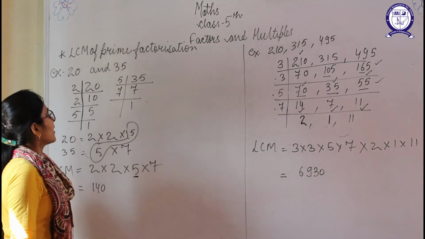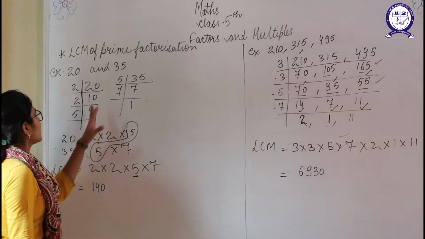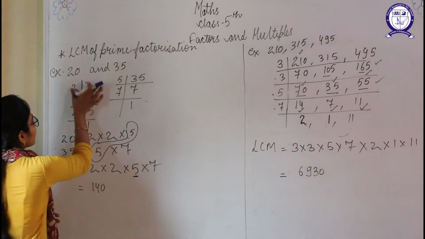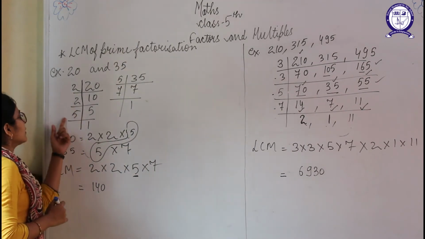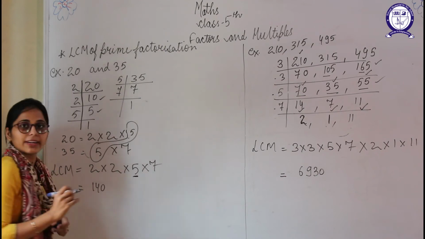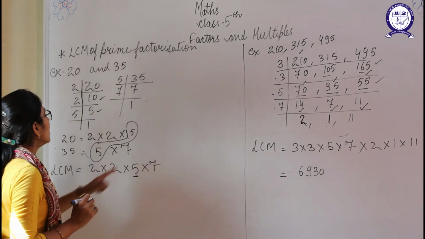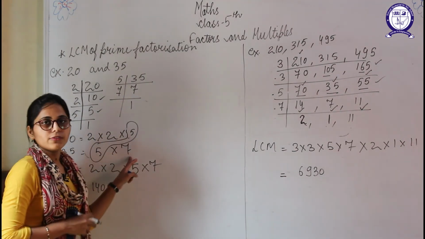Now students, about LCM. The 2 methods to find out the LCM are prime factorization and dividing at a time. So to find out the LCM of 20 and 35, you will just prime factorize 20 and 35 separately. While dividing 20 by 2, 10 will be the quotient, and while dividing 10 by 2, 5 will be the quotient. So 2 multiply 2 multiply 5 will be the factors of 20, and 5 multiply 7 will be the factors of 35.